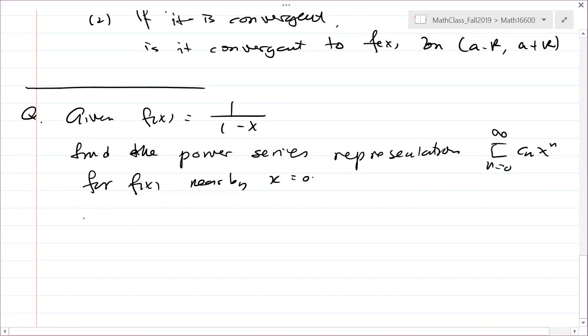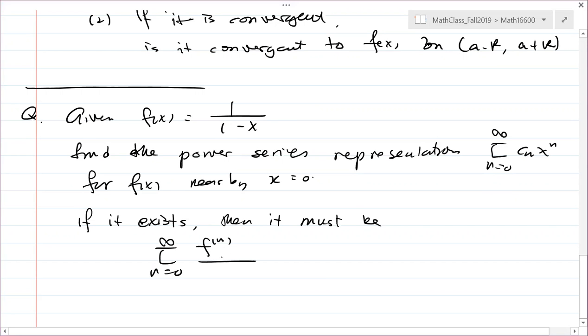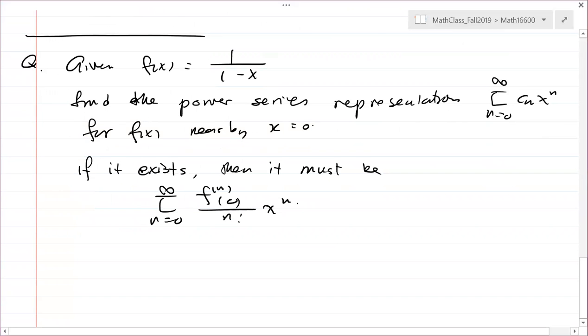If such a power series exists, then it must be this. So let's find it.